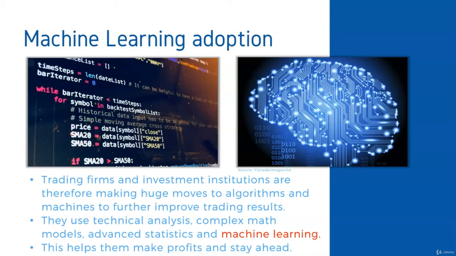It's going to be able to find insights, find patterns, and give me suggestions, and then I come and make a trade. It's a really simple way. It's not intensive or difficult to apply, but it makes a difference. And as I said, machine learning helps these trading firms make profits and stay ahead.